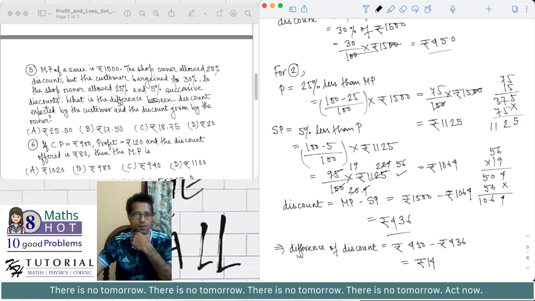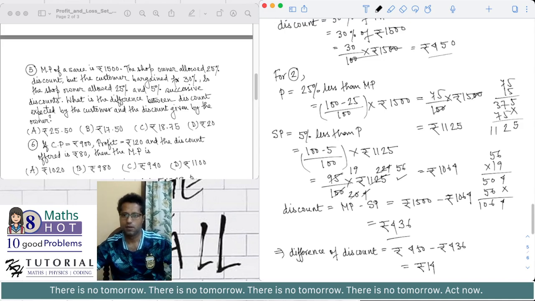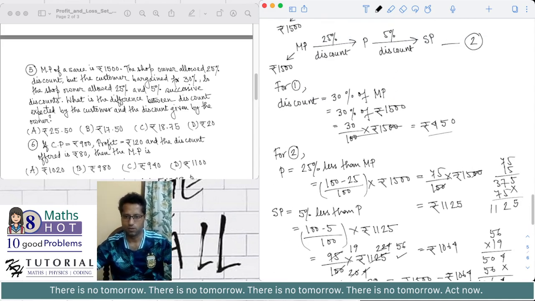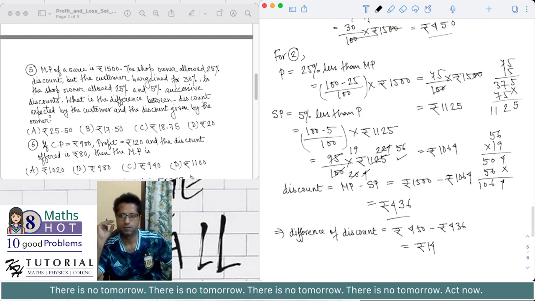The shop owner allowed 25% discount, but the customer bargained for 30% discount. So the shop owner allowed 25% and 5% successive discounts. What is the difference between discount expected by the customer and the discount given by the owner? The owner gave the two successive discount of 25% and 5%, which is scenario 2, the total discount is coming to be 436.